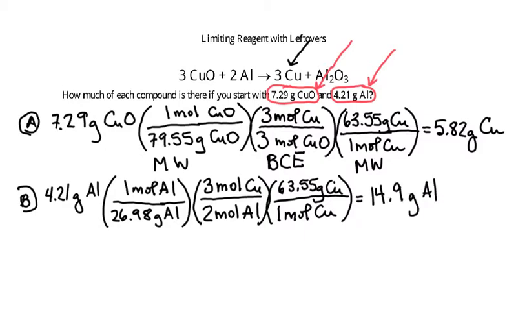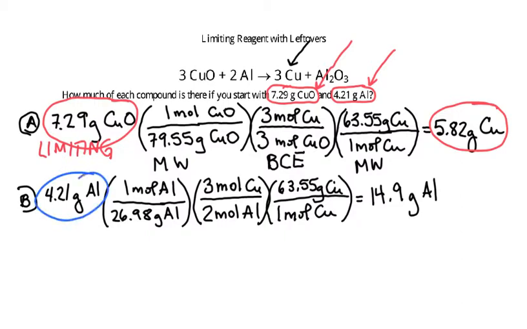That means that the copper 2 oxide is limiting. Whichever one produces the least amount, that tells you what the limiting reagent is. That means that my aluminum is in excess. We're going to have leftover aluminum at the end.